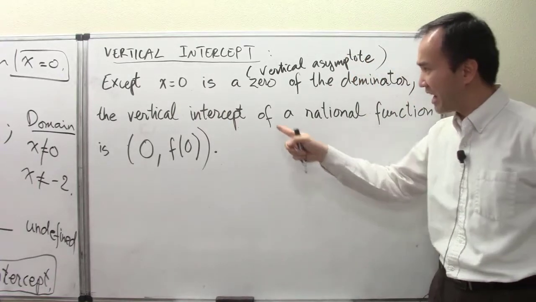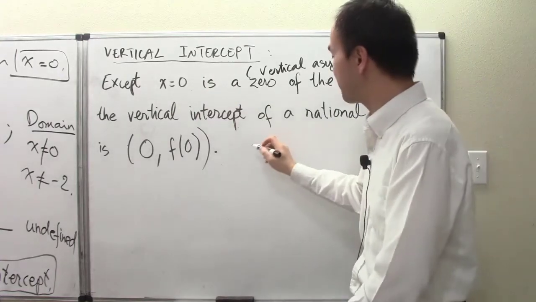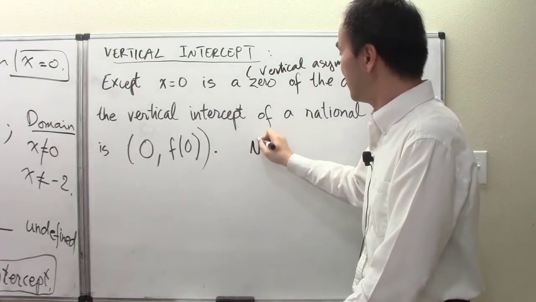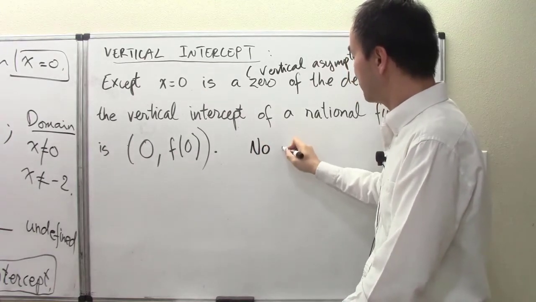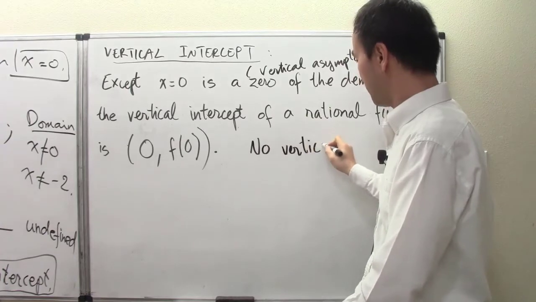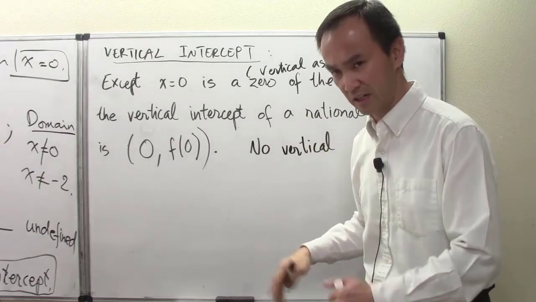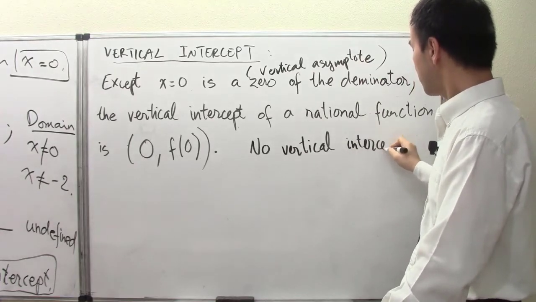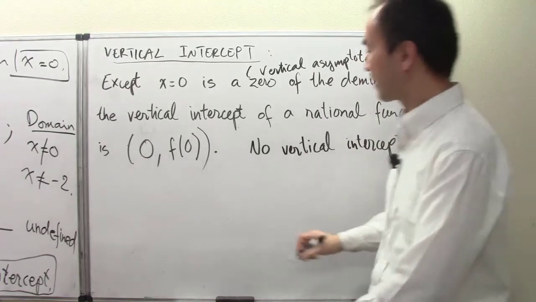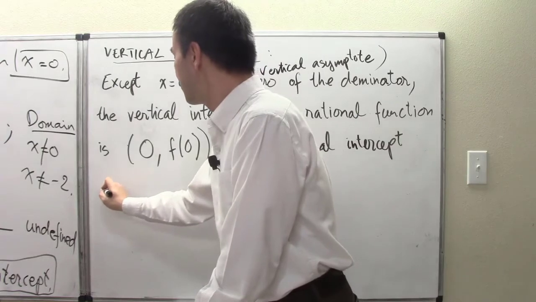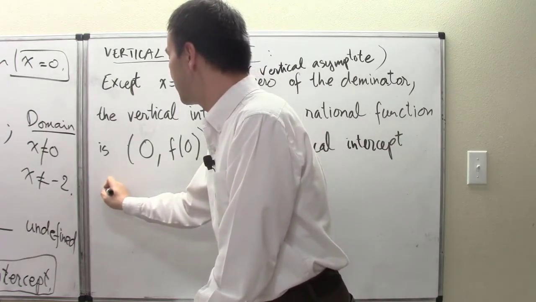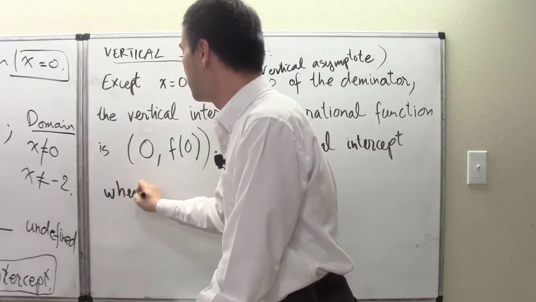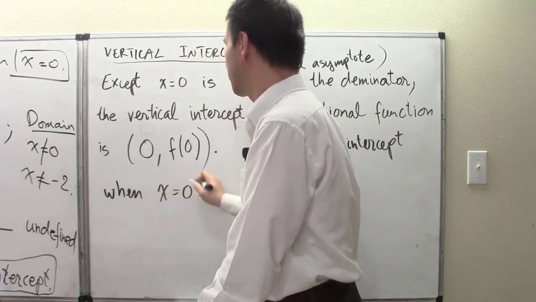So if that case happened, we're gonna say no vertical intercept when x equals 0 specifically.